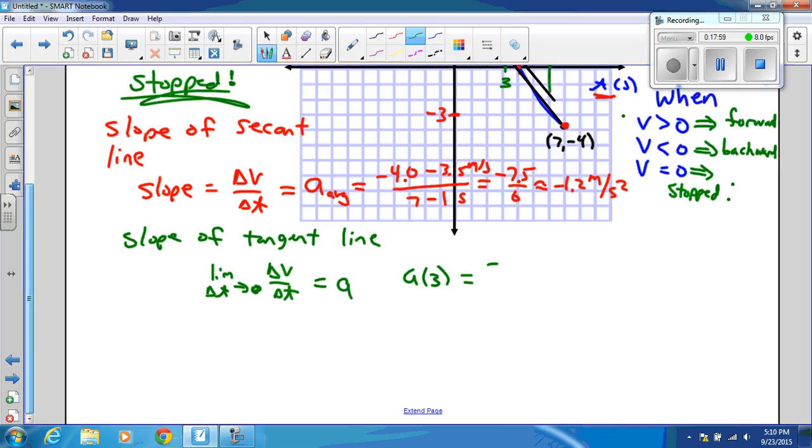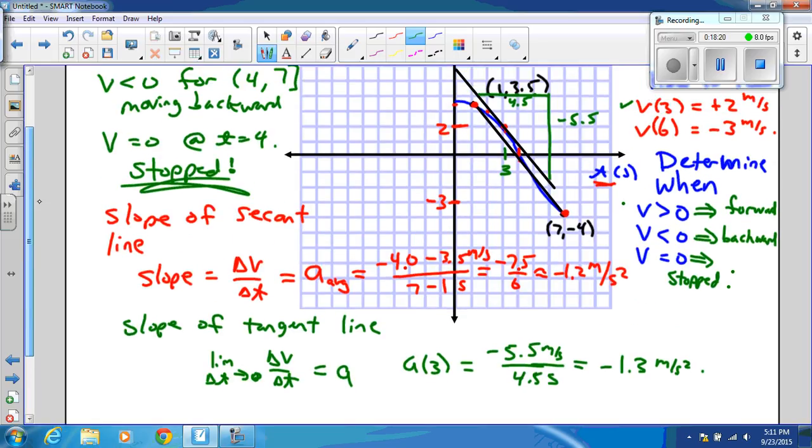So my acceleration at the time t equals 3 is equal to rise over run, negative 5.5 meters per second over 4.5 seconds, which is going to be about negative 1.3 or so meters per second squared. That indicates that the object is experiencing a negative acceleration at that time.